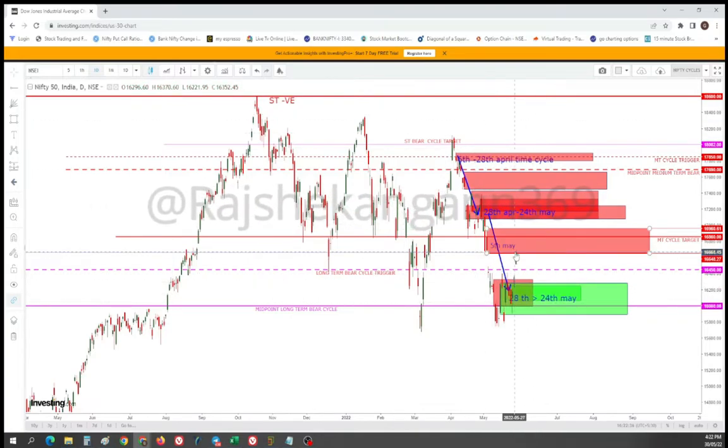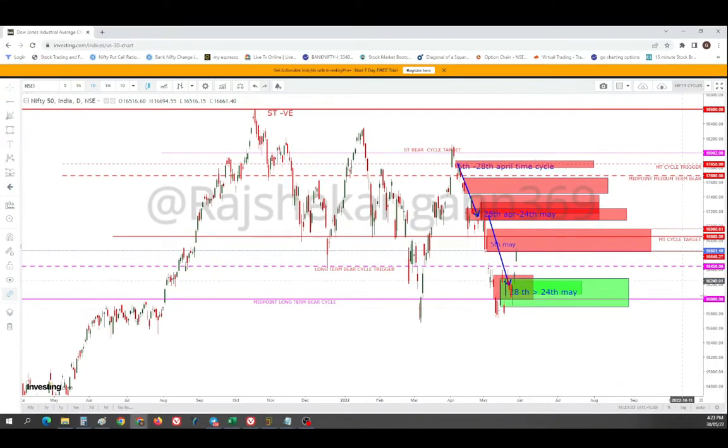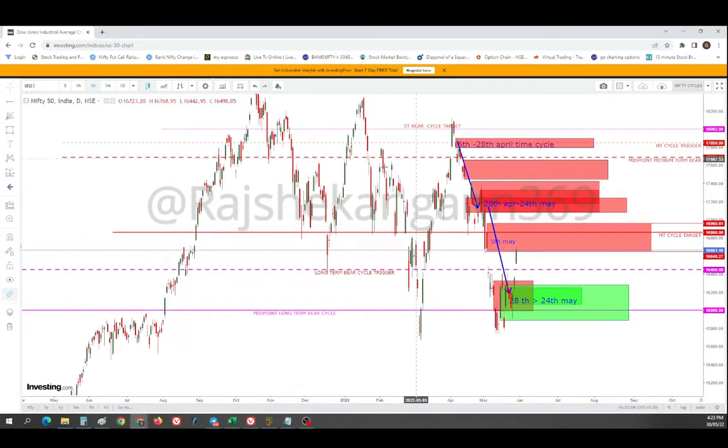Now this can be a short-term reversal for the next sell-off, or this can trigger a medium-term bull cycle as well, which can lead the prices back to these areas, the midpoint of the medium-term bear cycle or the previous short-term bear cycle target, right? So the possibilities are there. It all depends on how time influences the price.